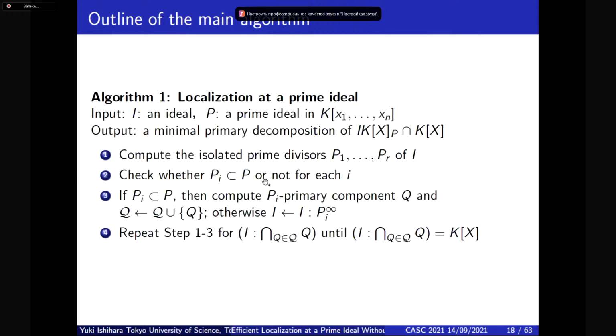Yes. So we have a Gröbner basis of P. So by using polynomial division, we can check this inclusion by using the Gröbner basis of P. Yeah, I see what you mean. Thank you very much.